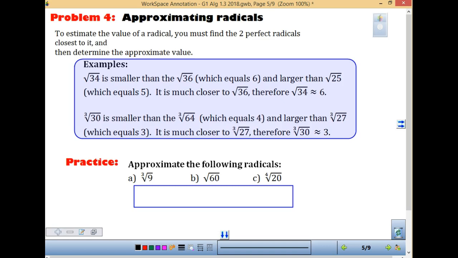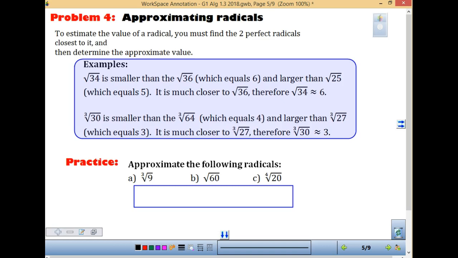It is much closer to 36, therefore we're going to say the square root of 34 is approximately equal to 6. If we're looking at the cube root of 30, it is definitely between the cube root of 64, which equals 4, and the cube root of 27, which equals 3. Much closer, so we're going to be asked for the approximate and not as a decimal.